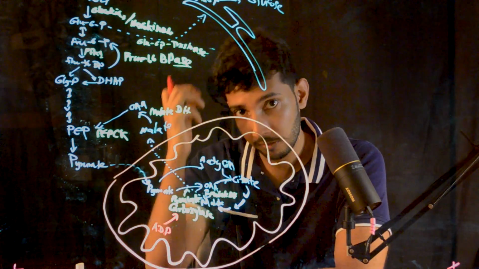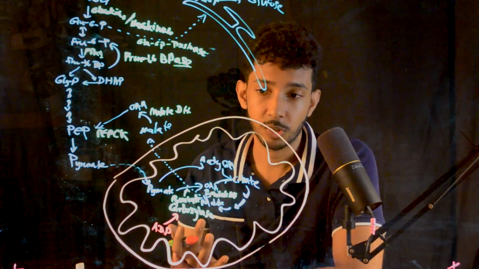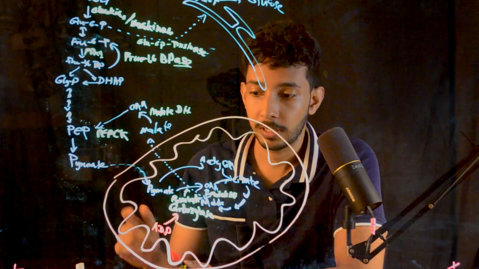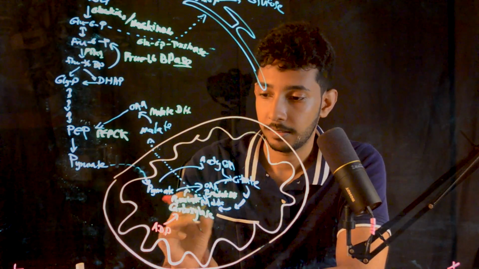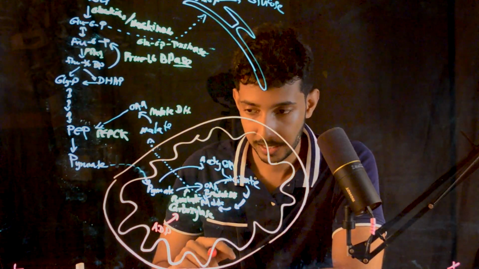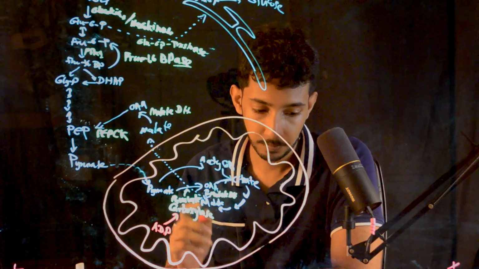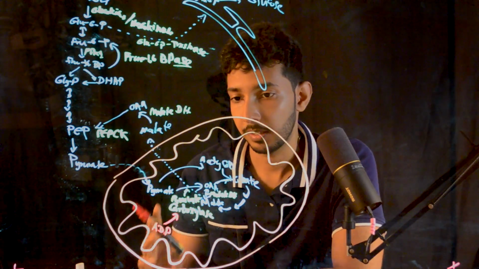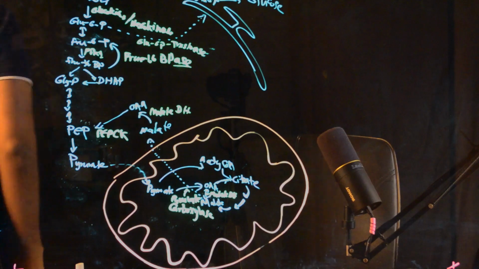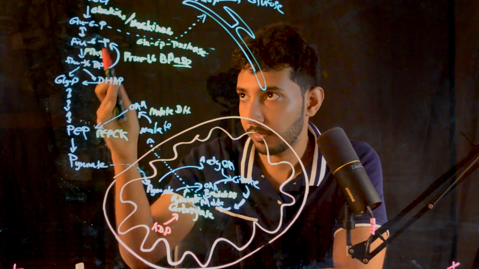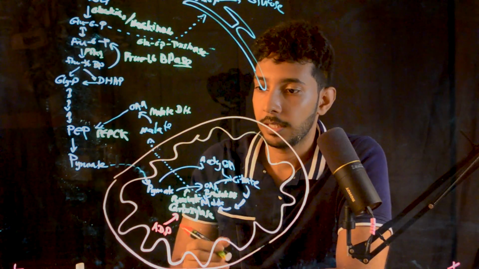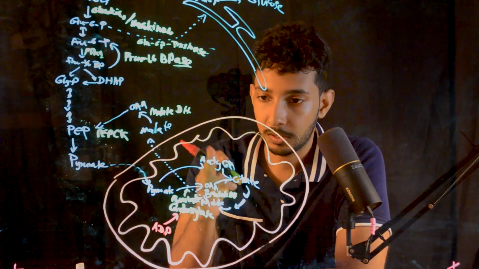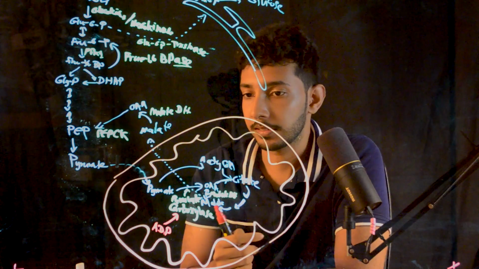If there's a lot of ADP, that means you don't have so much ATP in the cell. So having a lot of ADP has to negatively regulate this reaction. And then you also have acetyl-CoA. If you have a lot of acetyl-CoA, that means you have a lot of pyruvate coming into the mitochondria, and citrate is not entering into the citric acid cycle.